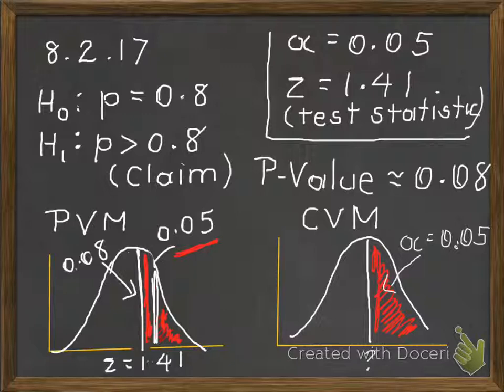To reject the null hypothesis, we need to have a value of less than, or the same as, 0.05 as our proportion, because that would show that it would be extremely rare of getting a test statistic at least as extreme as 1.41 if the null hypothesis were true.